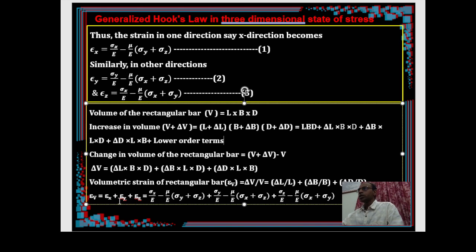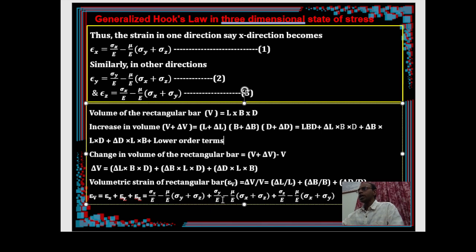So your change in the volume, or volumetric strain, is nothing but the summation of all the three strains in each direction, epsilon x, x direction, y direction, z direction, right? So you will be getting the summation of this term and this term. If you simplify this, you can take 1 by E common, and you will get sigma x, sigma y, and sigma z, and again from here, if you take common, you will get mu by E times 2 sigma x, 2 sigma y, and 2 sigma z.